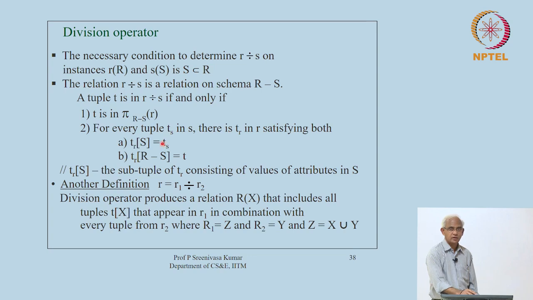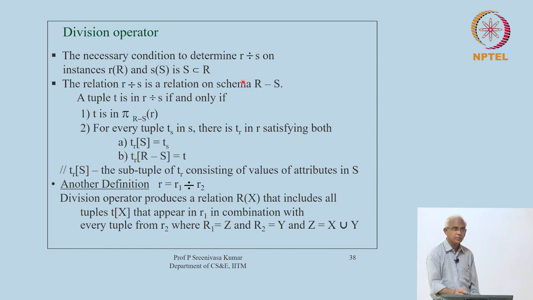Basically we are saying that T combines with all Ts which are tuples in S. Well, you might wonder, this operator itself looks quite complicated. Do you really need it? Do you use it? Yes, in some situations it becomes useful.